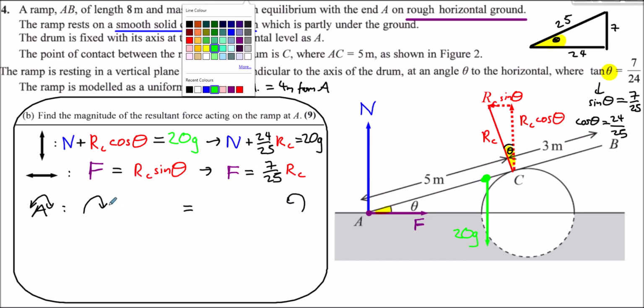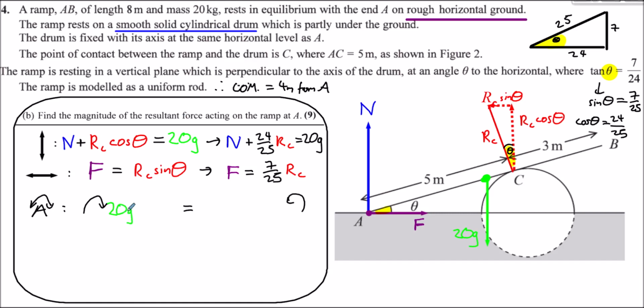To find the moment, we multiply by the distance of that force from the point we're taking moments about. From A to 20g was a length of 4. Remember we said the centre of mass will be half of 8, which is 4 meters from A. So from A to this point here will be 4 multiplied by cosine theta. So 20g times 4 cosine theta. That's the distance from there to there.